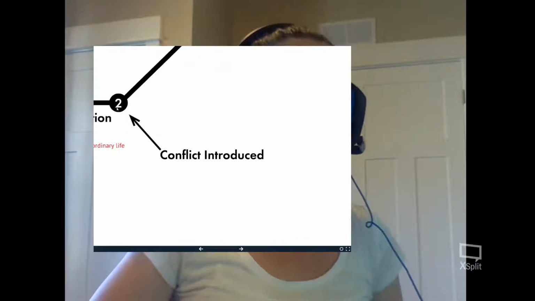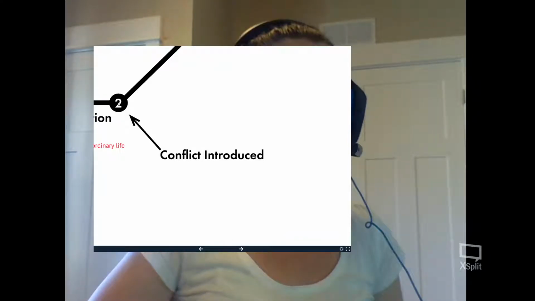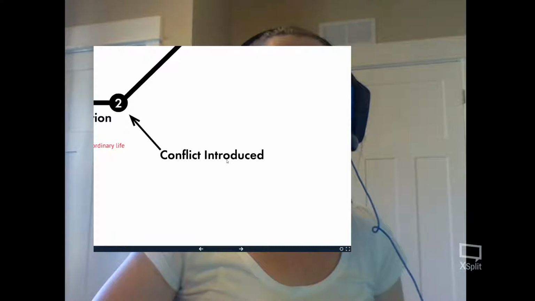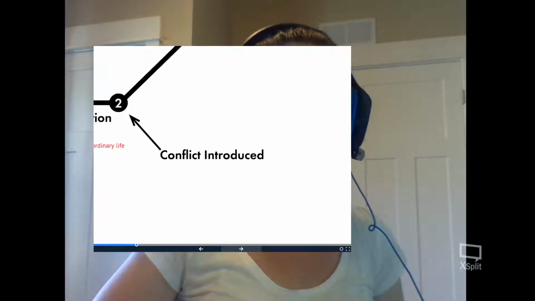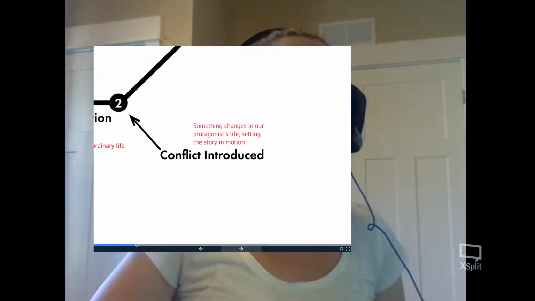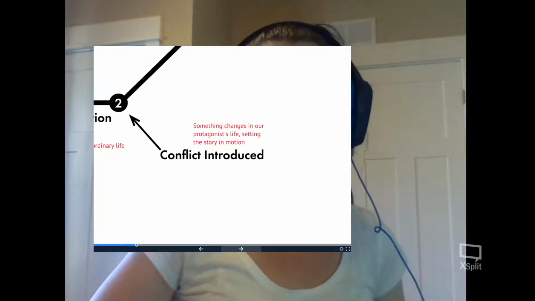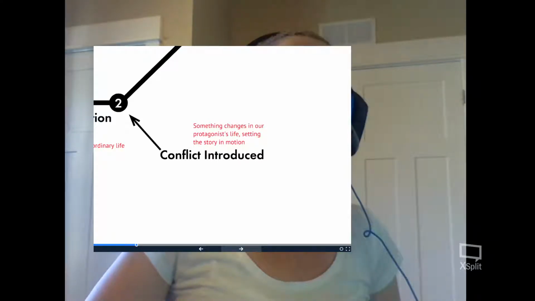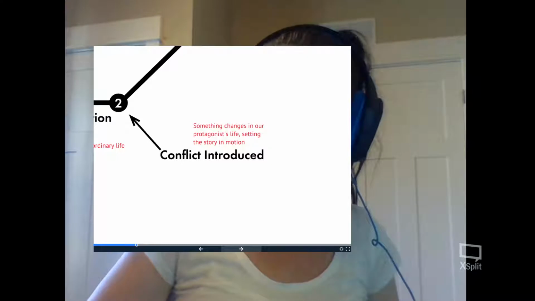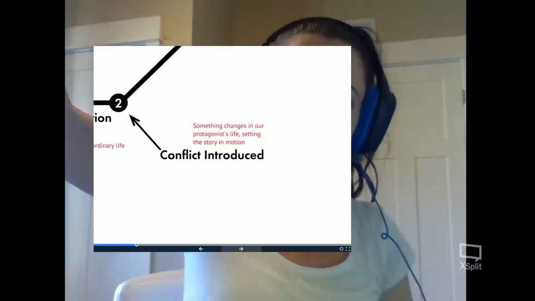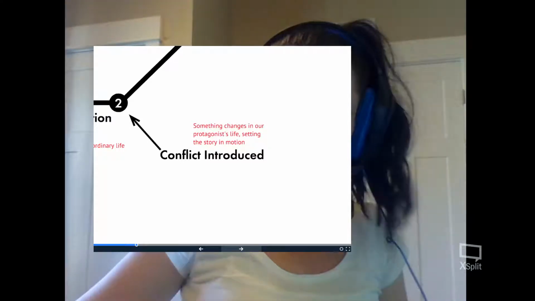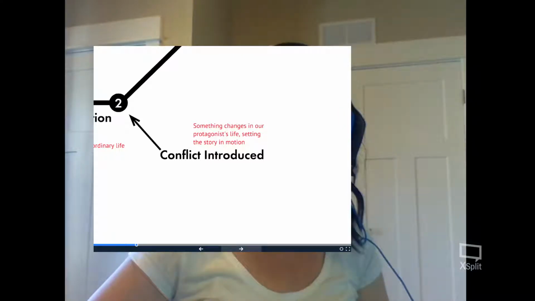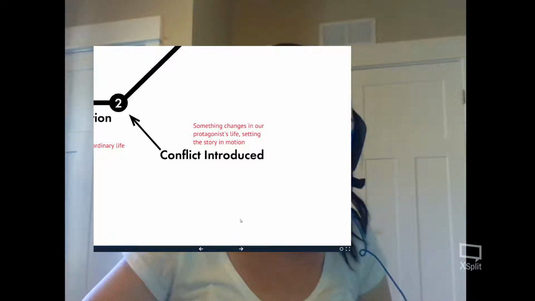And then right here, after everything is introduced, at this point, the conflict is introduced. Something changes in our protagonist or our hero's life, setting the story into motion. It's really the whole driving point that's going to set our story. We can't have a good story without good conflict.